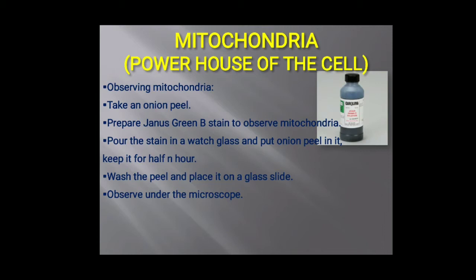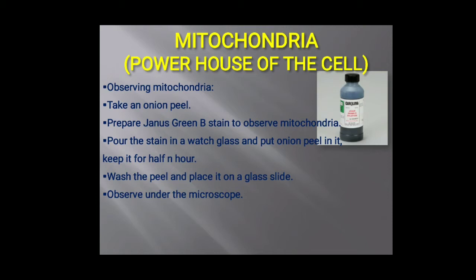After taking the onion peel, you have to pour the stain in a watch glass, put the onion peel in it and soak it for half an hour. After that, remove the peel, wash it thoroughly and put the peel on a glass slide.